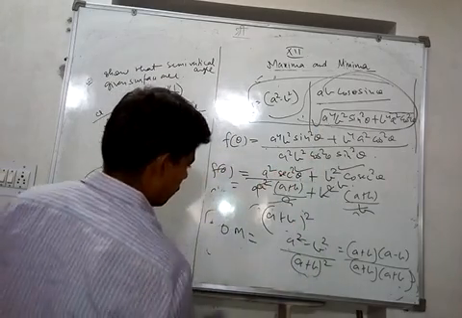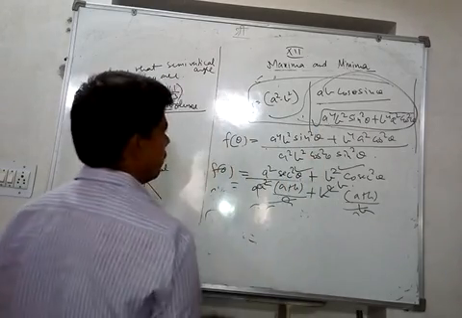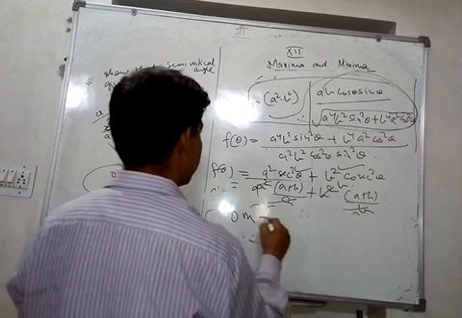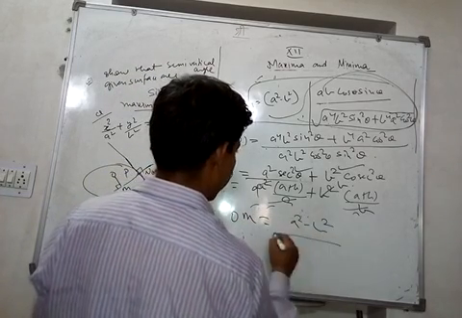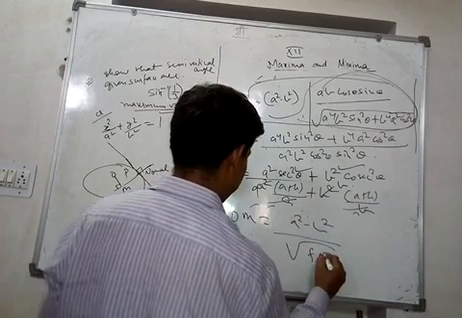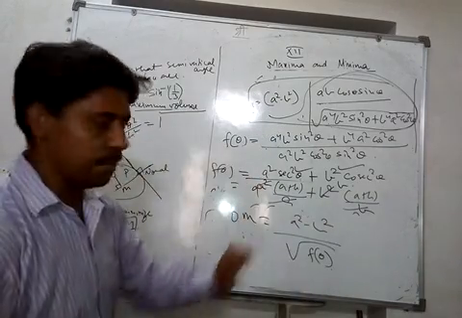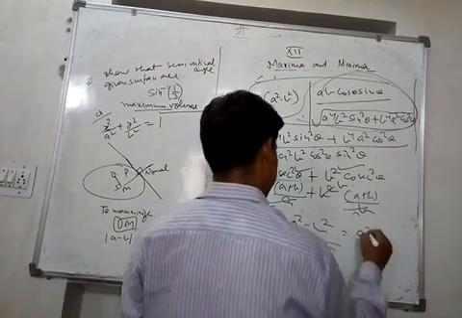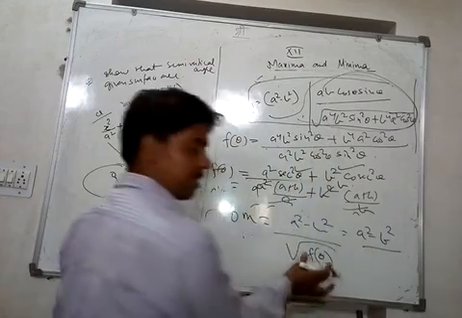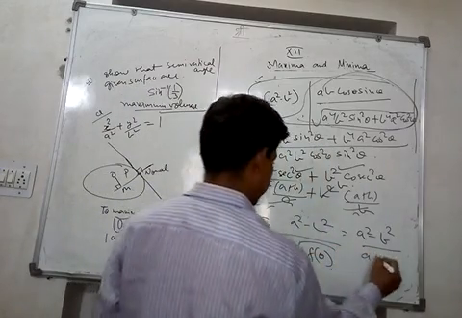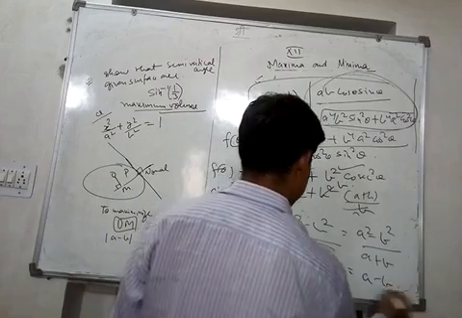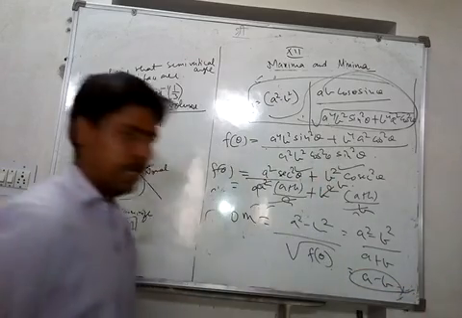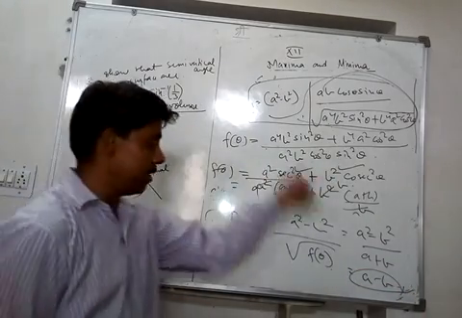So we have to get OM, we'll write like this: OM is equal to a square minus b square, and we can write root of f theta. Root of f theta is a plus b whole square, so we'll get a square minus b square upon root of a plus b whole square, that is a plus b, right? And when you cancel, you will get a minus b as the answer. So that is the maximum value, a minus b.